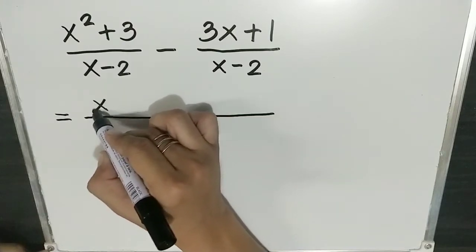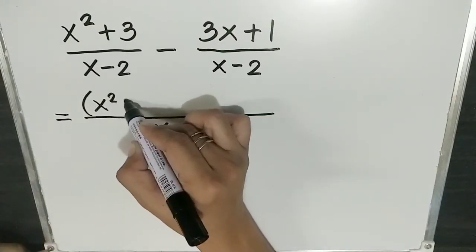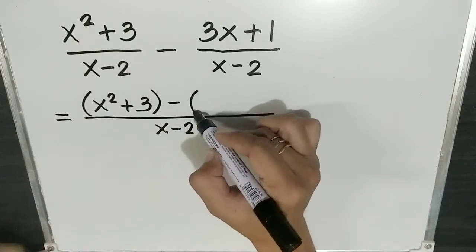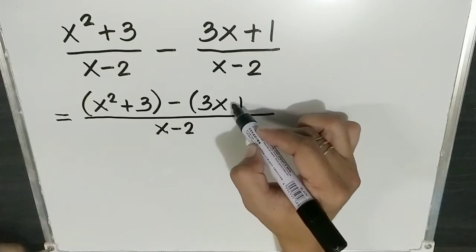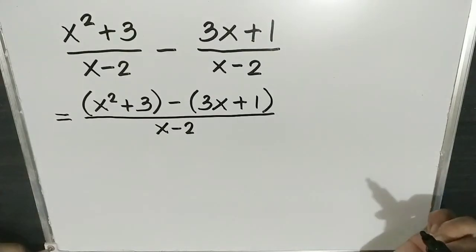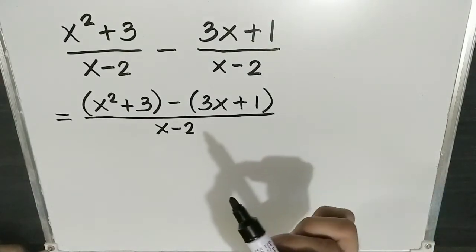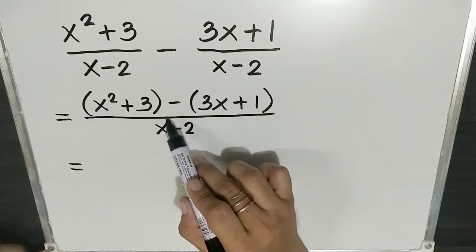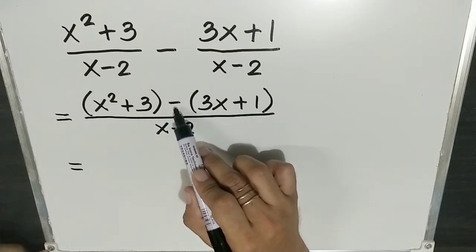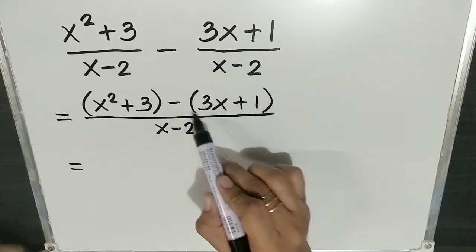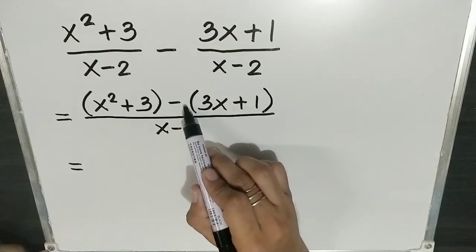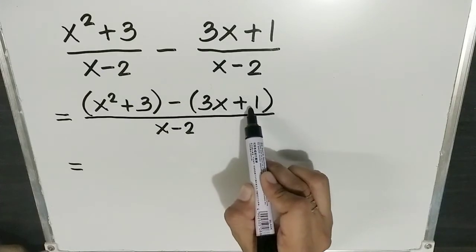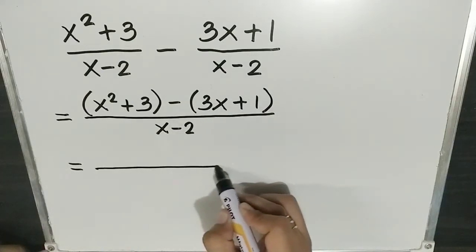We have x squared plus 3 minus 3x plus 1. Okay, so in this case, we will multiply the negative to each term in the binomial. This is understood that we have 1 here. So we have negative 1 times 3x, negative 1 times positive 1. So we will do that.